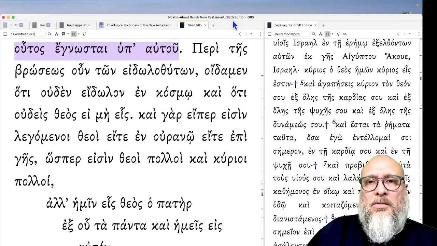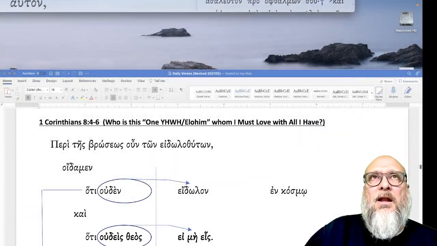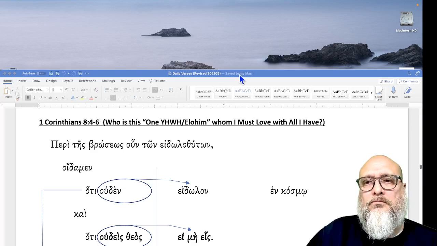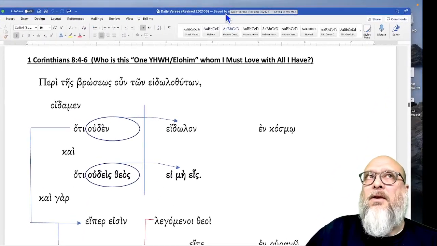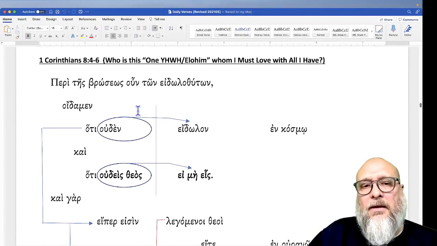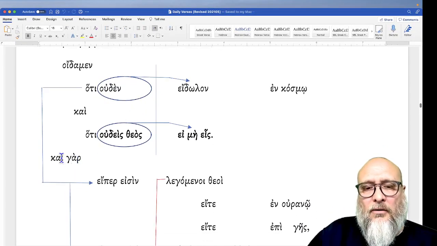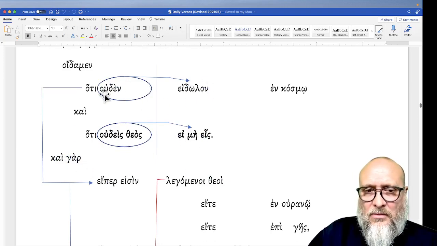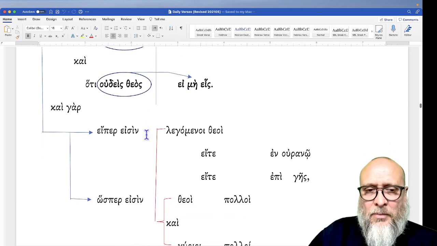And then Paul makes an incredible argument. He says, for even if, so this could be the Corinthian argument in the question, or it could be Paul's support.